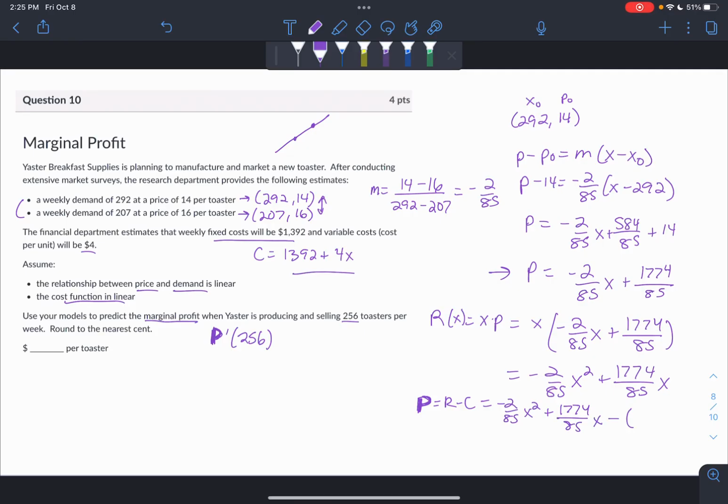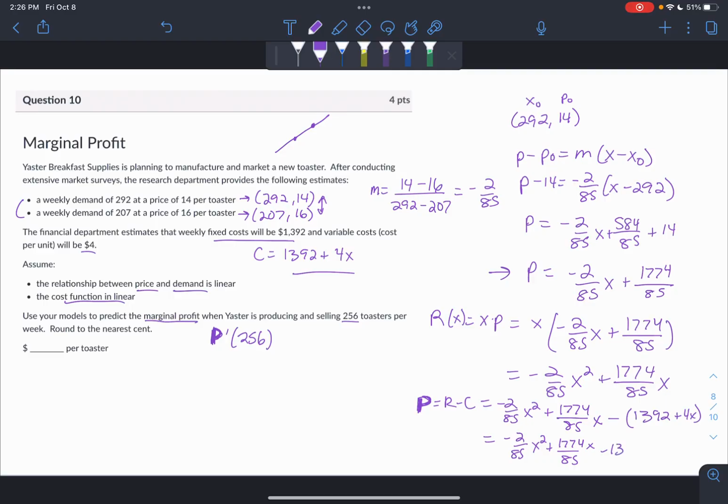All right. And so you can simplify this slightly. You don't have to simplify it fully if you don't want to. I'm just going to distribute that negative in because we'll need to take the derivative in the next step.